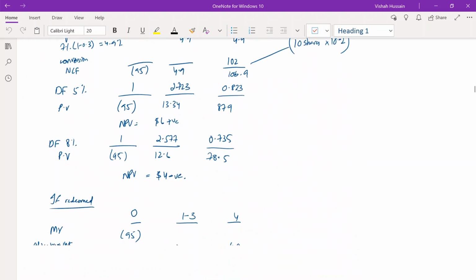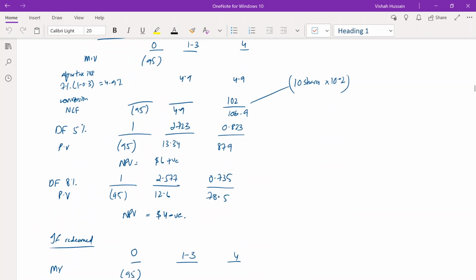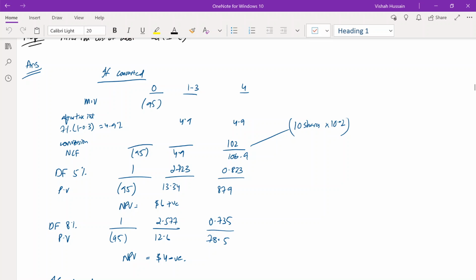Whereas for redemption, the amount would be only 100. So you are basically earning less in redemption than in conversion. Now, once you have computed the present value, you compute another present value and the net present value. Then you put it in the IRR formula and compute the cost of debt.